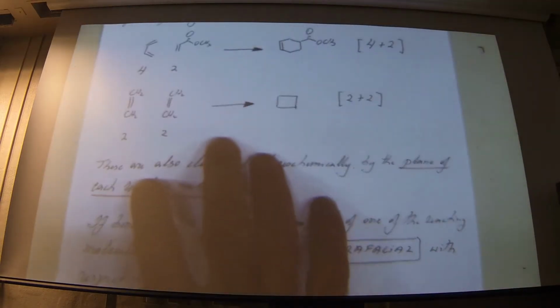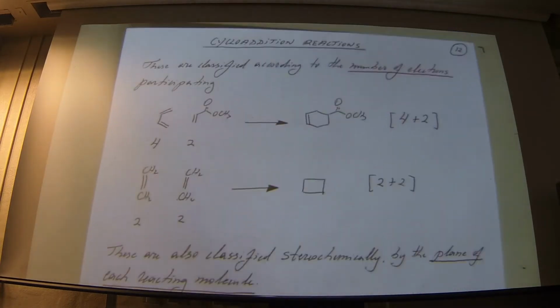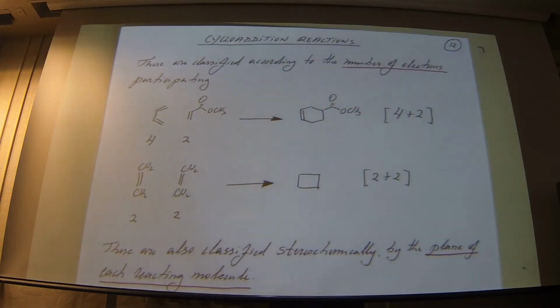Some of them work one way, some work another, and you guessed it, we can predict based on frontier molecular orbitals. So, first of all, how we count. The cycloaddition reactions are always going to be classified according to the number of pi electrons participating. And how do we know how many pi electrons are participating? Well, just count the double bonds in this case.